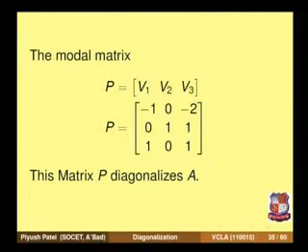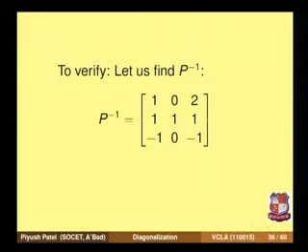So let us find the inverse of this matrix. For finding the inverse we have several methods. Either you can find the inverse by the adjoint method, that is, the inverse of this matrix is adjoint of A upon determinant of A, or you can find the inverse by elementary row operations.